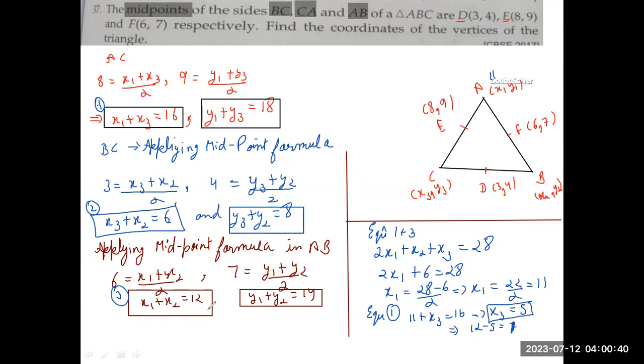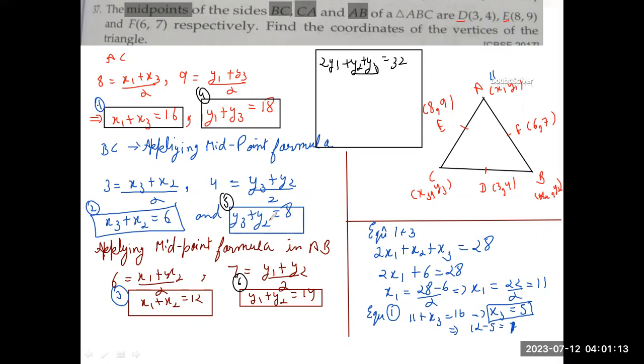Now I'm erasing the equations. Let's just draw another separate box. I'm going to solve for y here. I can label the equations as 4, 5 and 6. I'm adding 4 and 6. So 2y1 plus y2 plus y3 is equal to 18 plus 14, that means 32.